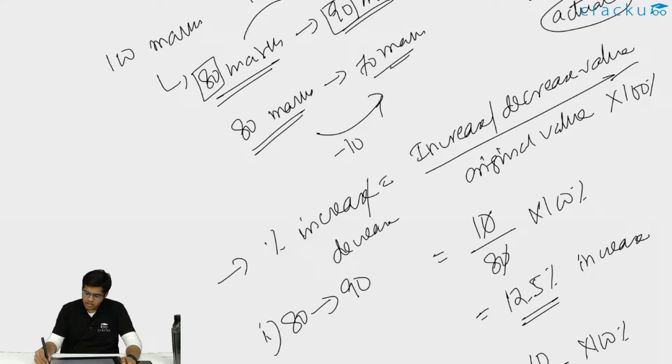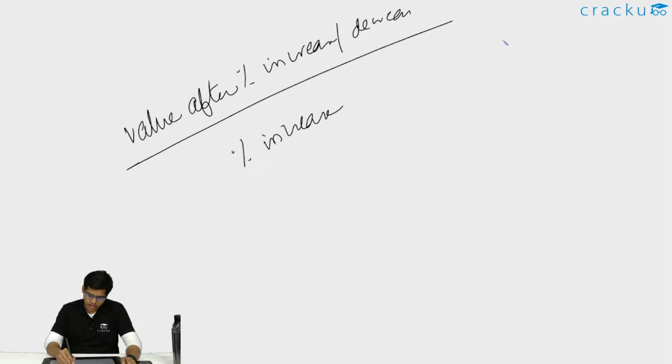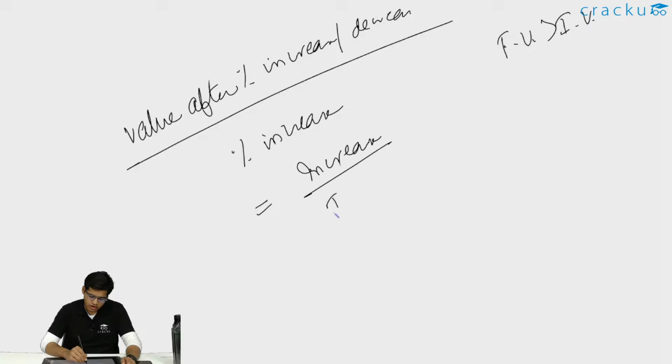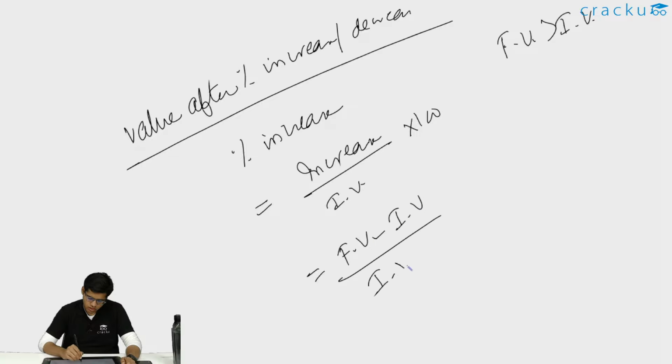So what is percentage increase? Percentage increase is increase upon initial value into 100. Now increase is final value minus initial value, so percentage increase is (final value minus initial value) upon initial value into 100.